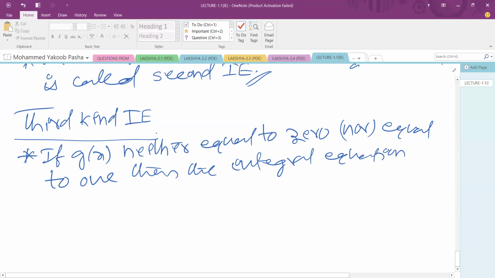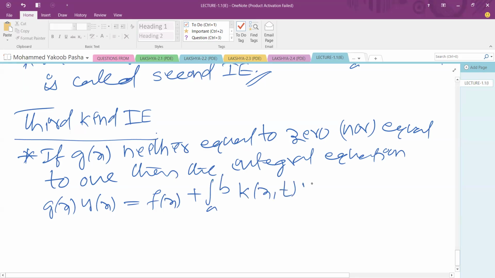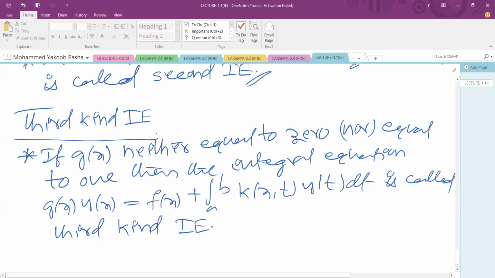has the general form g of x into y of x is equal to f of x plus integral a to b k of x comma t, and is called third kind integral equation. That means g of x may be a variable.